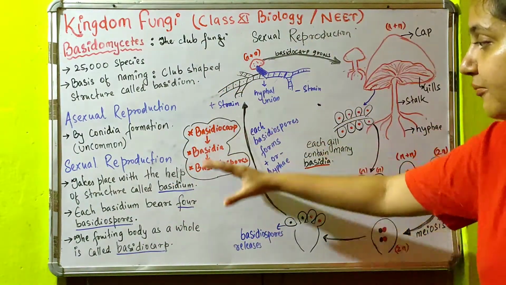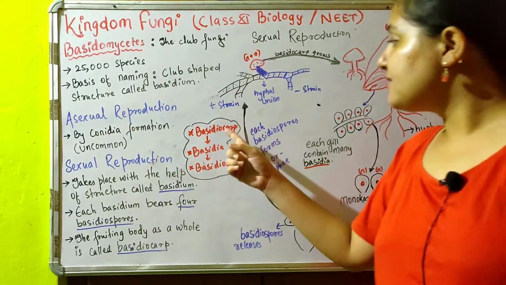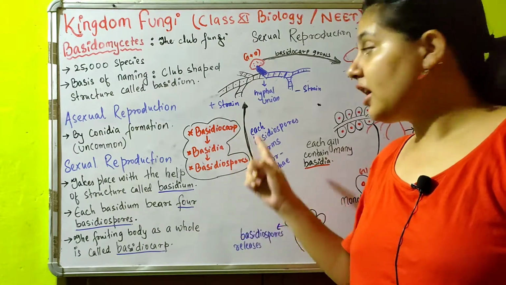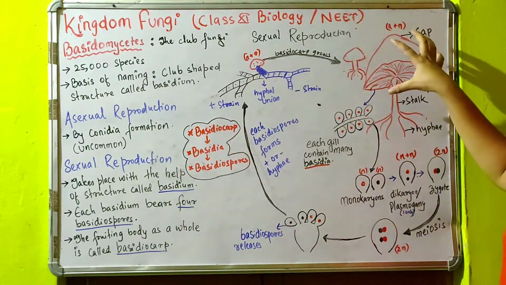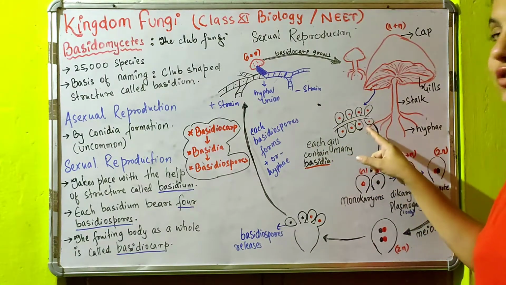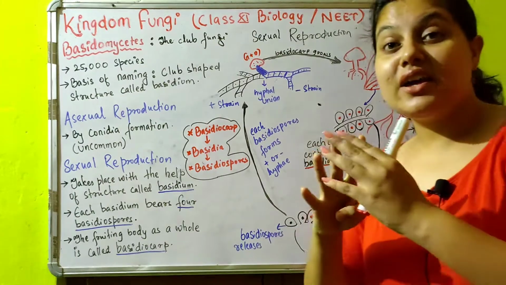So I have made this so that you people don't have confusion. Basidiocarp, basidia, basidiospores. Basidiocarp means this big structure, basidia means each of the structures like this, and basidiospores are the spores present at each of the terminals.